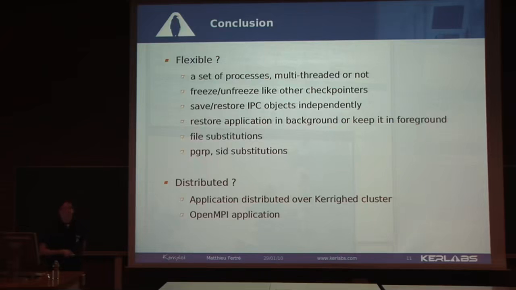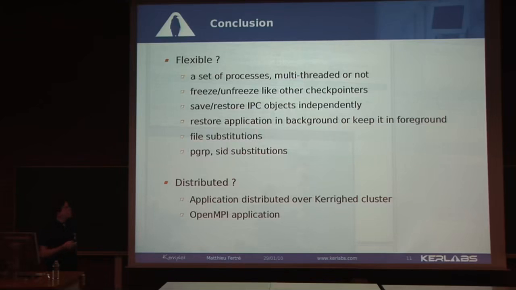In Kerrighed, we are able to save and to restore IPC objects such as the message queue in my example, but also shared memory segments or semaphores. You are able to save them independently because you need the user to know which IPC object to save. From the kernel, you don't know which IPC objects are used in your application.